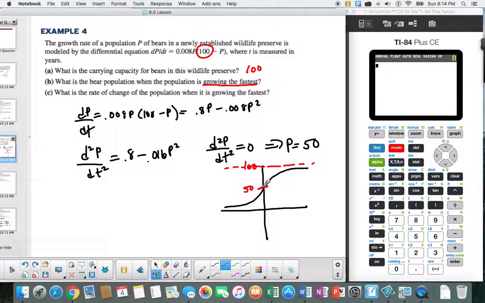Growing the fastest means taking a look at the slope of the tangent line. And you can see the slope of the tangent line does indeed look like it's the steepest at that point. We can check that out by finding the next derivative, and it will be negative 0.16. And since this is a negative number, that tells us that this critical point is indeed a maximum value.